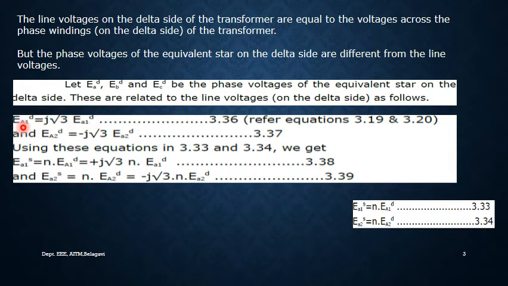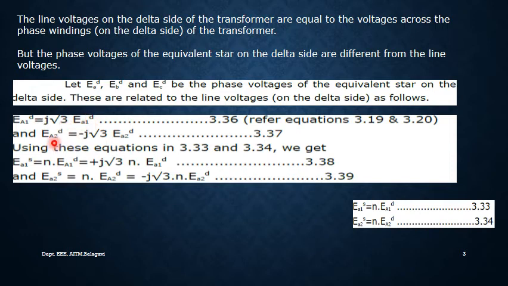Capital A subscript represents line voltage, small a represents phase voltage. So keep this in mind. So the line voltage referred to the delta side is equal to root 3 times the phase voltage referred to the delta side.